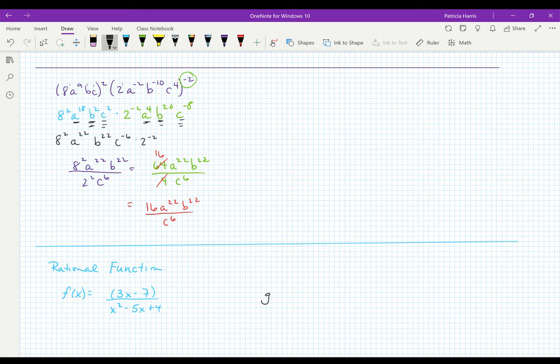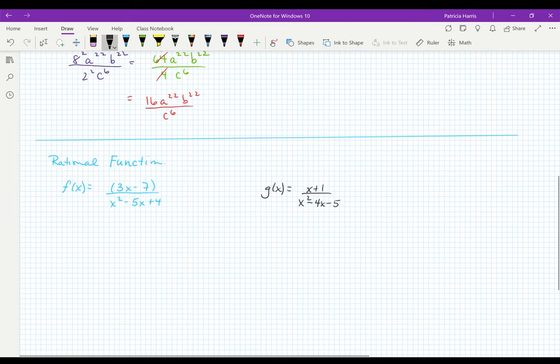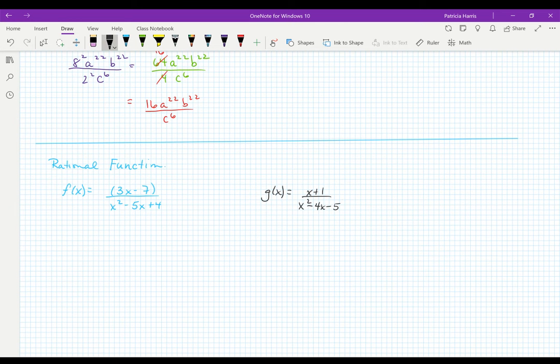Vertical asymptotes are incredibly related to domain. Okay. So we're going to find the domain of both of these. Okay, so we cannot divide by 0. So we need to figure out where our denominator is going to be 0. So we're going to just take our denominator, set it equal to 0.